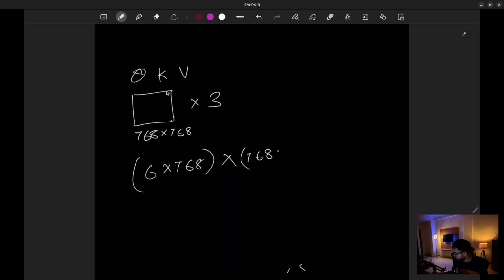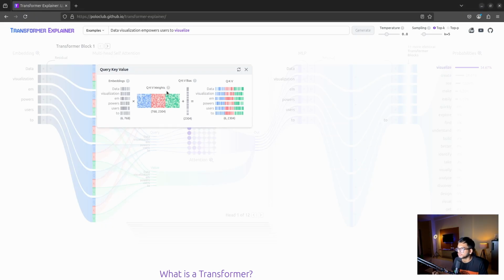We multiply 768 by 2304, and if you multiply these two matrices, you get another matrix which has the dimension of 6 by 2304. This is the output matrix after multiplying these two matrices.